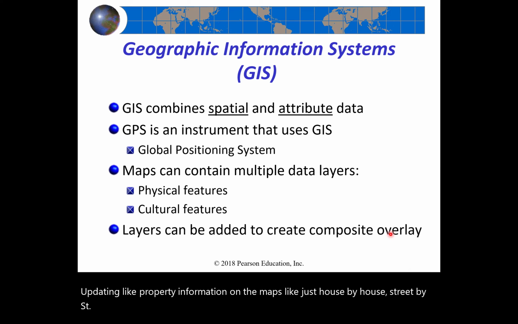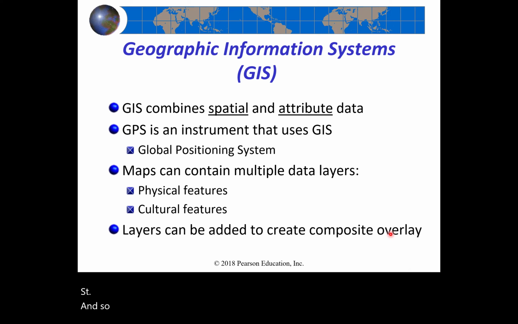The attribute data there is property plots, making sure that numbers match. It's for like the post office, making sure the house numbers match certain things. But yeah, it's going over an area and looking at whatever attribute data you want to look at.